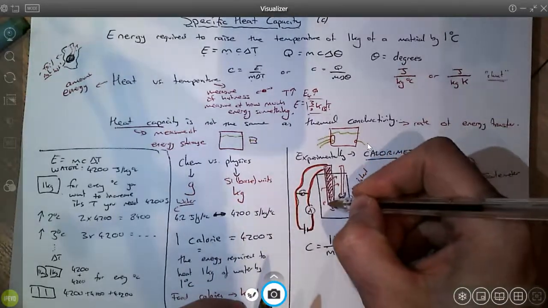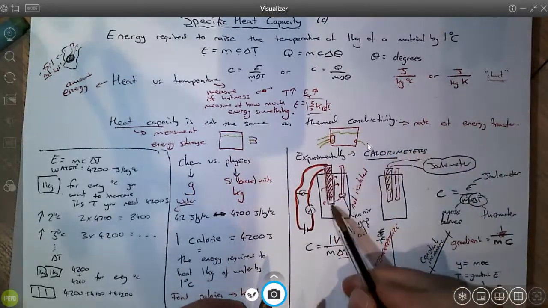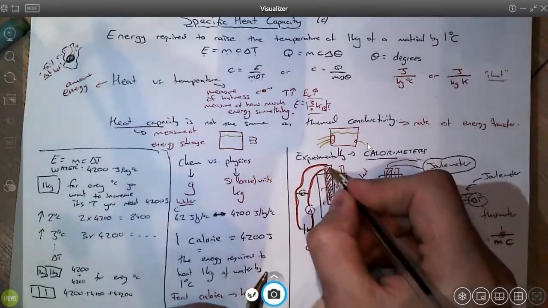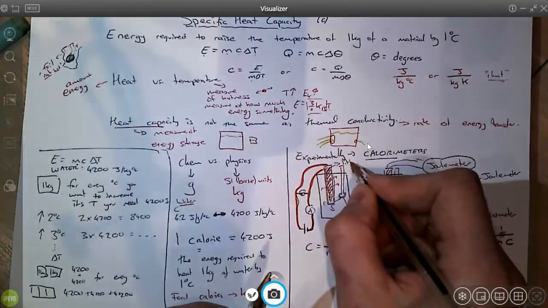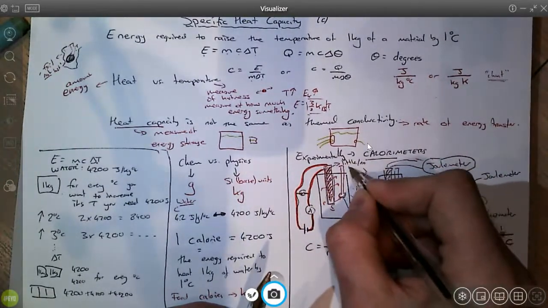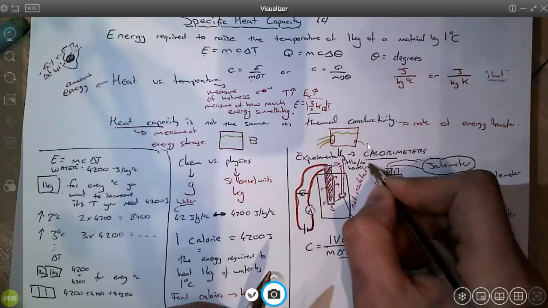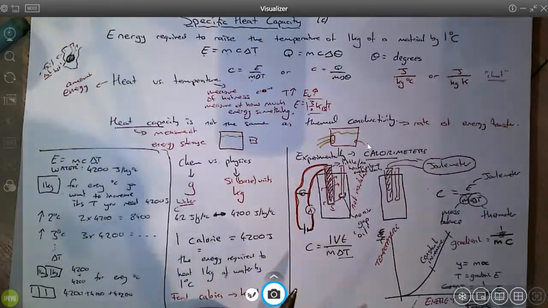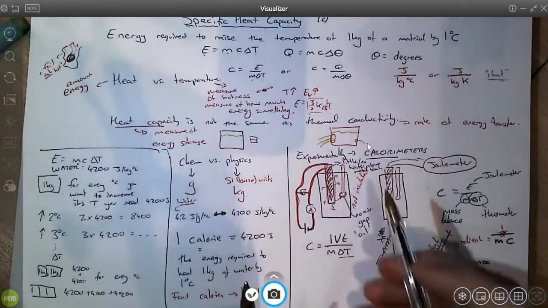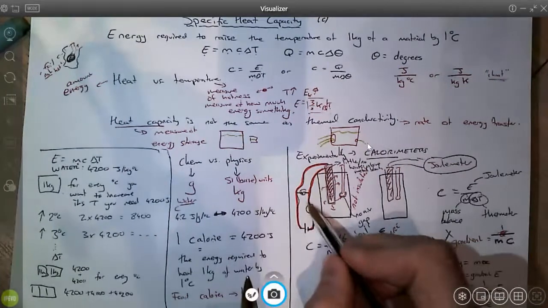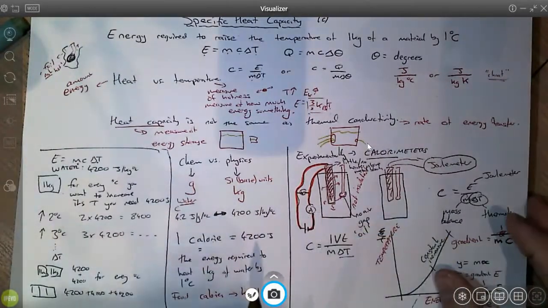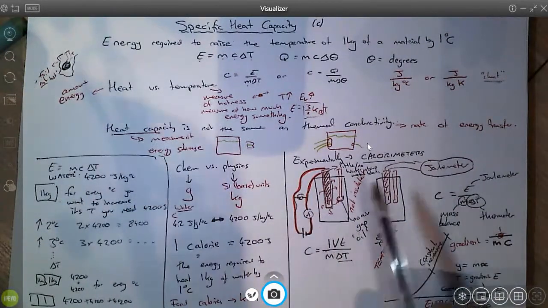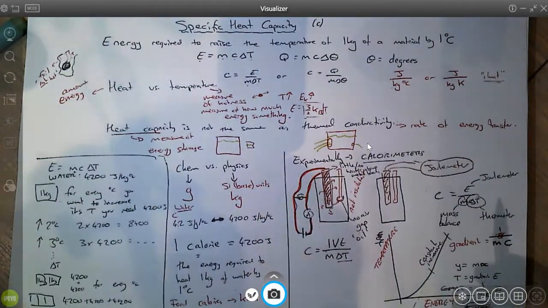Same as around the heater, you can just put some oil in to stop it heating up the air. You need to obviously make sure there is little or no heat loss above the metal block. And you need to ensure that these values are not fluctuating too much, which they will a little bit, but you can either take an average or you can accept that it's just an inevitable part.